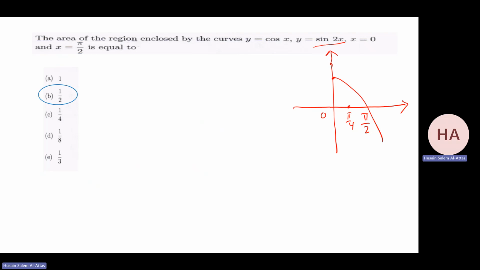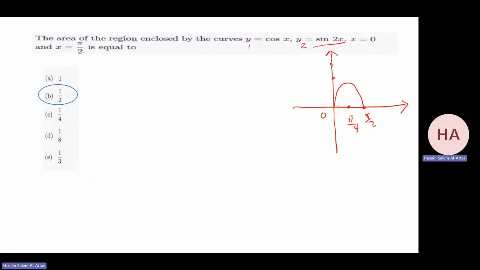You know what? Let me graph. This is first, and then I graph the other one. I want to graph y2. At pi over 4 this is sine, and this is my pi over 4, and this is pi over 2, because I have sine 2x.